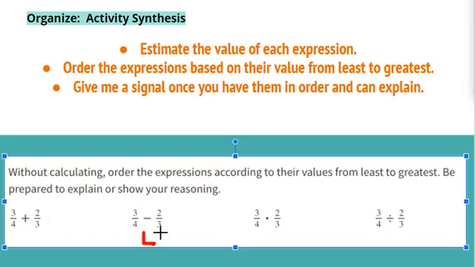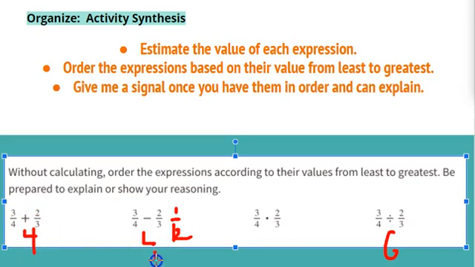Maybe it's not the least. Let's see, that would be 9/12. 9 minus 8 will give us 1/12. I'm going to say this is the greatest, by the way. And then I think this will be the next greatest.